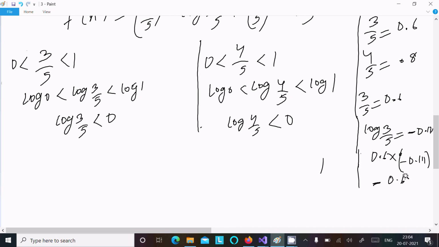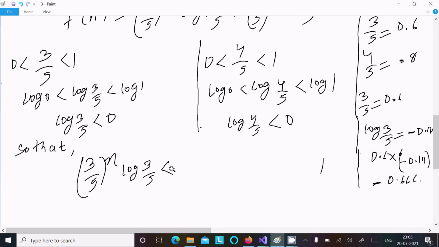Suppose 0.666, it comes negative. So 3 by 5 power x is positive, but log 3 by 5 is negative, so it is all less than 0.